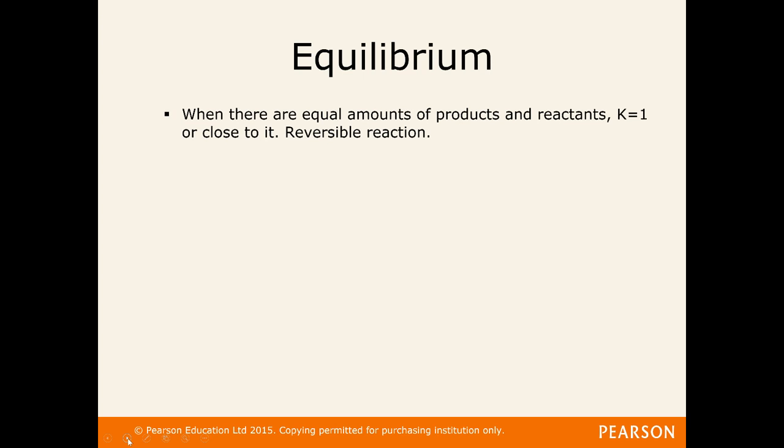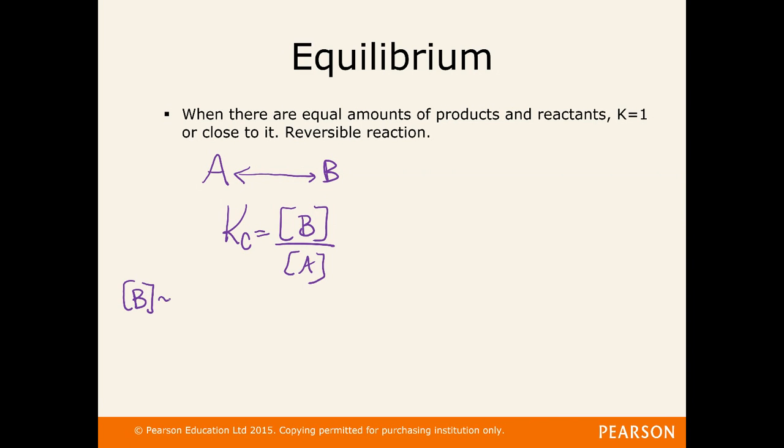So if we have a reaction where A goes to B, and then B loves to go backwards to form A, and then the rates hit, and it's going back and forth, and those reactions are pretty much equal in strength forward and back, then what you'll end up with is a Kc where you have relatively equal amounts of B and A. And in this scenario, for a reversible reaction, the K equilibrium is going to end up somewhere around 1.